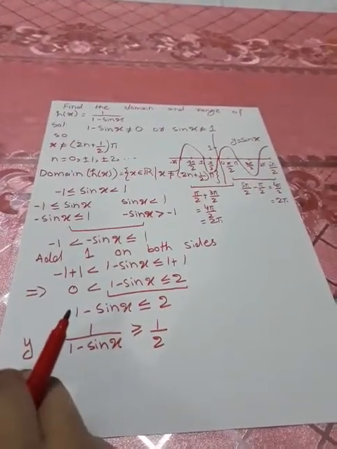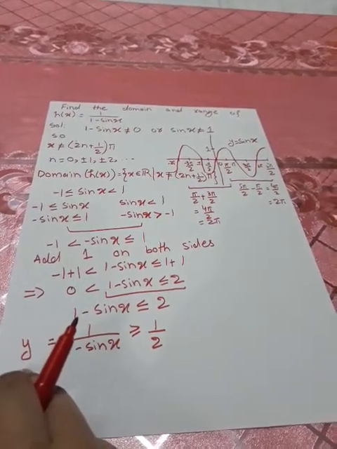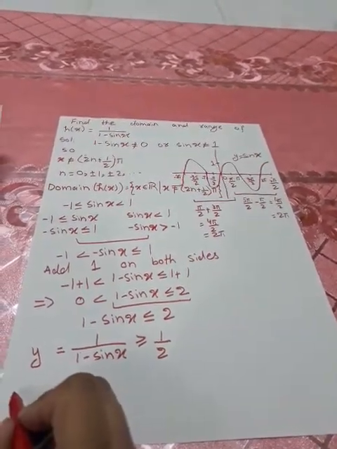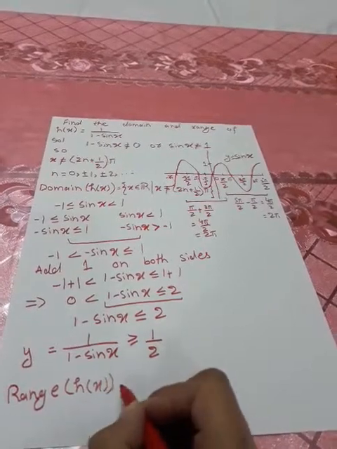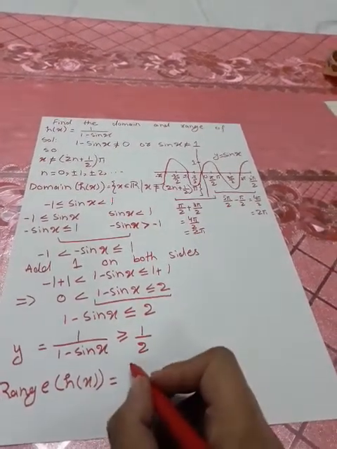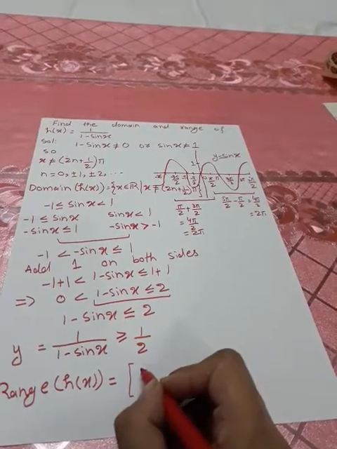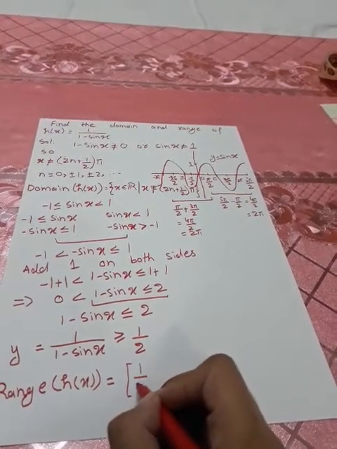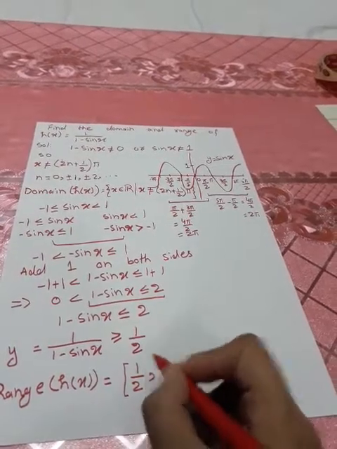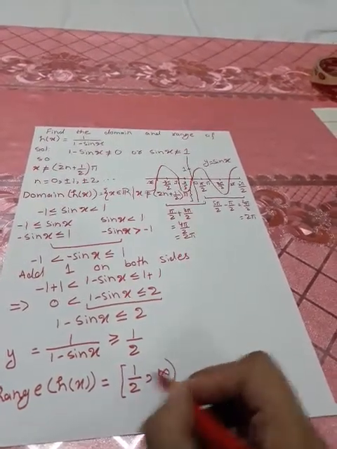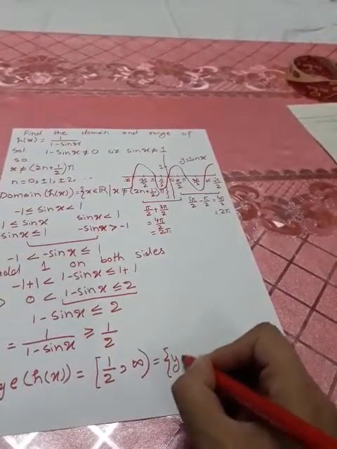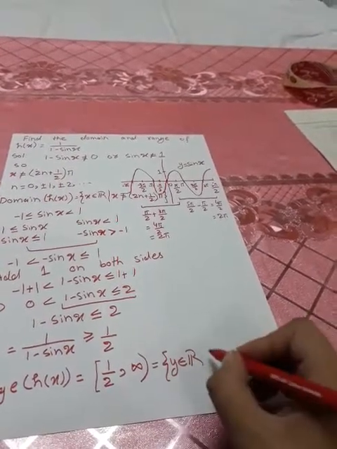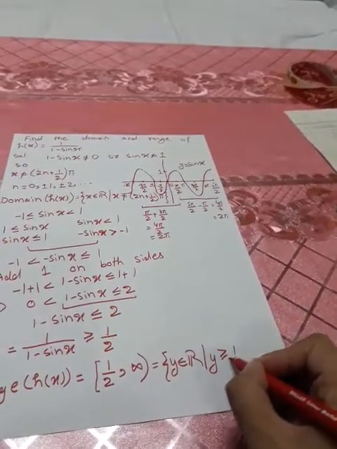I get the condition on y. Y is the output variable, and the output variable represents the range. So the range of h of x is the interval that includes 1 by 2 and all the numbers that are greater than 1 by 2, and I can also write it in set form such that y belongs to the set of real numbers such that y is greater than or equal to 1 by 2.